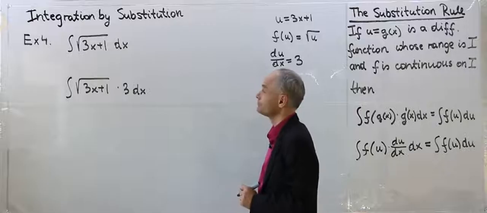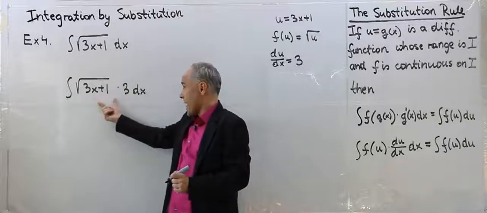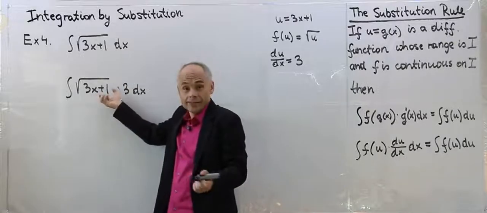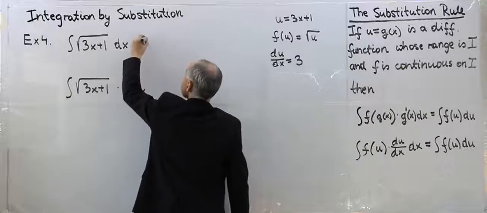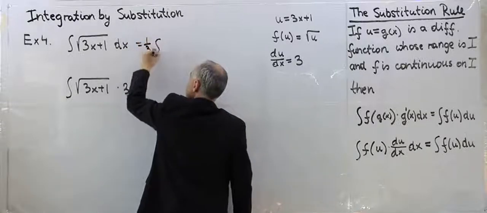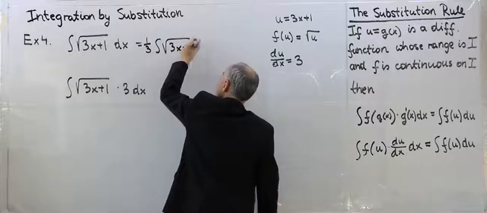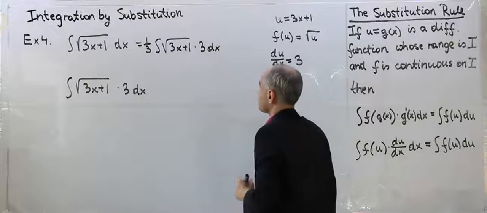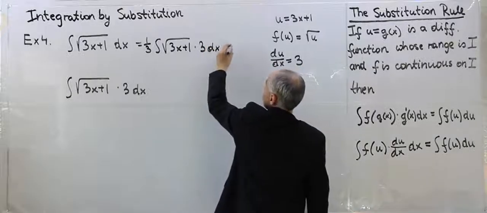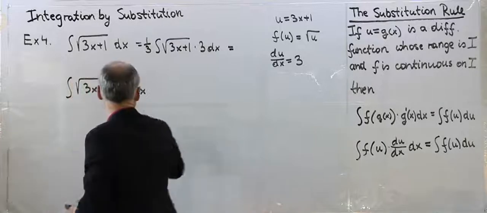So what do we do? Why don't I just write this integral as this one and multiply it by 1/3? So this is equal to 1/3 times the integral of the square root of 3x plus 1 times 3 dx.